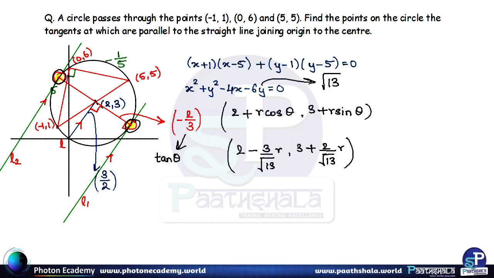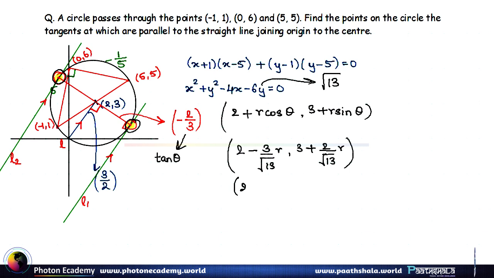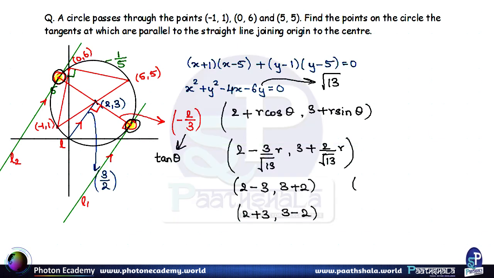So simply substituting the values over here, we will have the 2 coordinates as 2 minus 3 comma 3 plus 2, and the second coordinate will be 2 plus 3 comma 3 minus 2. So this will become minus 1 comma 5, and the second point will become 5 comma 1. So these are our final answers.